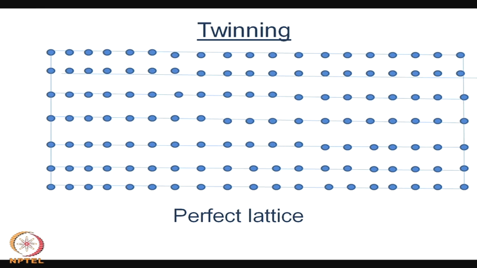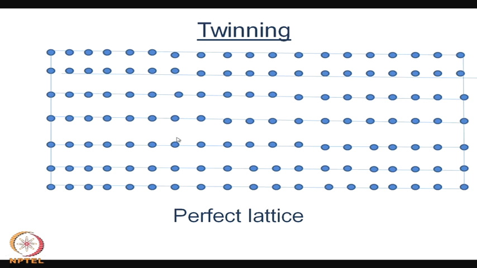Well, twinning, because all these defects are relative to the perfect lattice. This is a perfect lattice in which the atoms are arranged in a particular geometric fashion, and the horizontal lines are actually the planes. We can imagine a particular set of planes, and there is no defect in this case, either point defects or line defects or two dimensional defects in case of twinning.